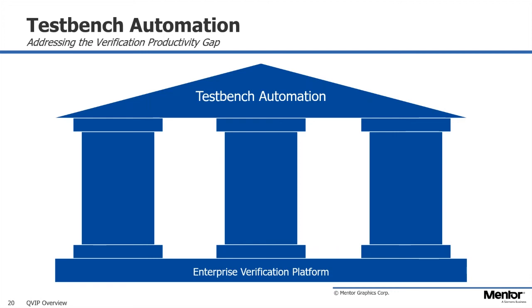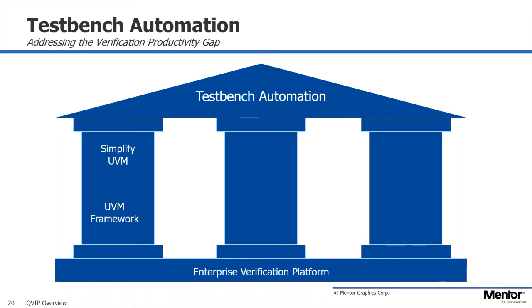So the verification IP is built on the UVM methodology. At Mentor, to get you to doing full testbench automation using UVM, we've had a few efforts over the last few years. The first one is simplifying just getting a UVM environment up and running.